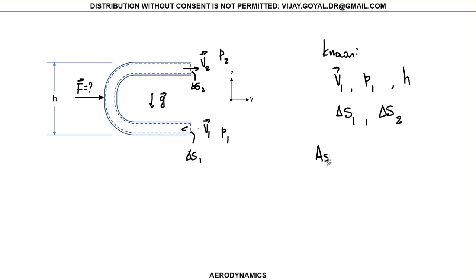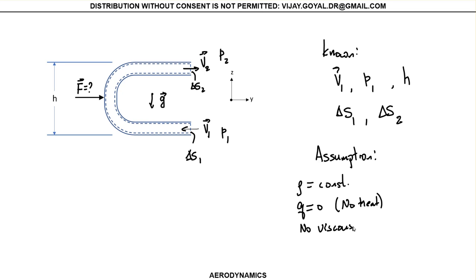We can make some assumptions: that density is constant. We can assume that Q is equal to 0, no heat transfer. No viscosity at the walls, so no shear.